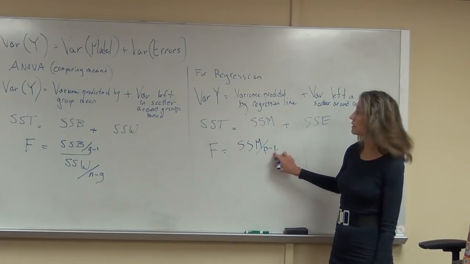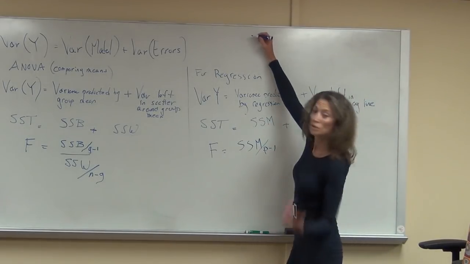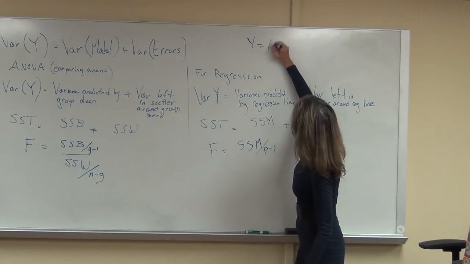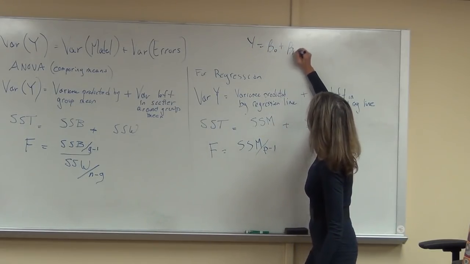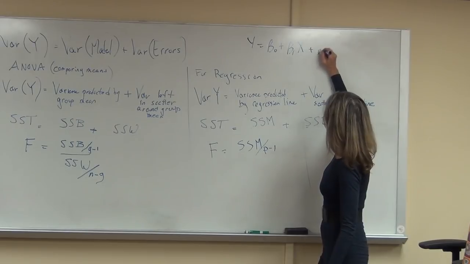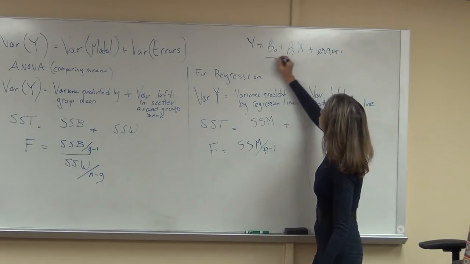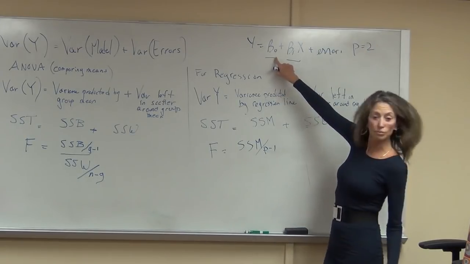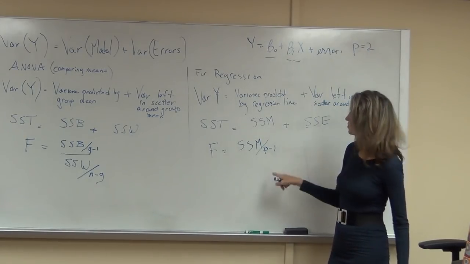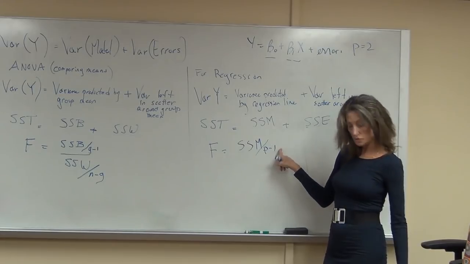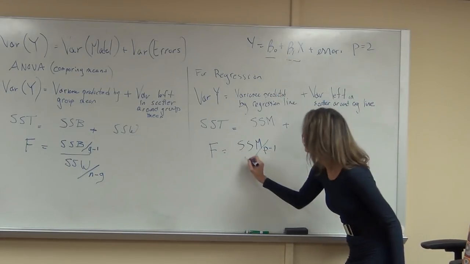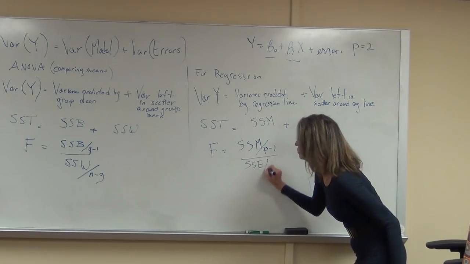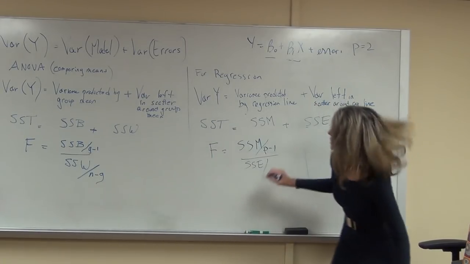In our model, we have two parameters. So P equals 2. We're estimating two parameters. So it would be P minus 1, 2 minus 1 for simple regression, over sum of squares error, which is just analogous, N minus P.